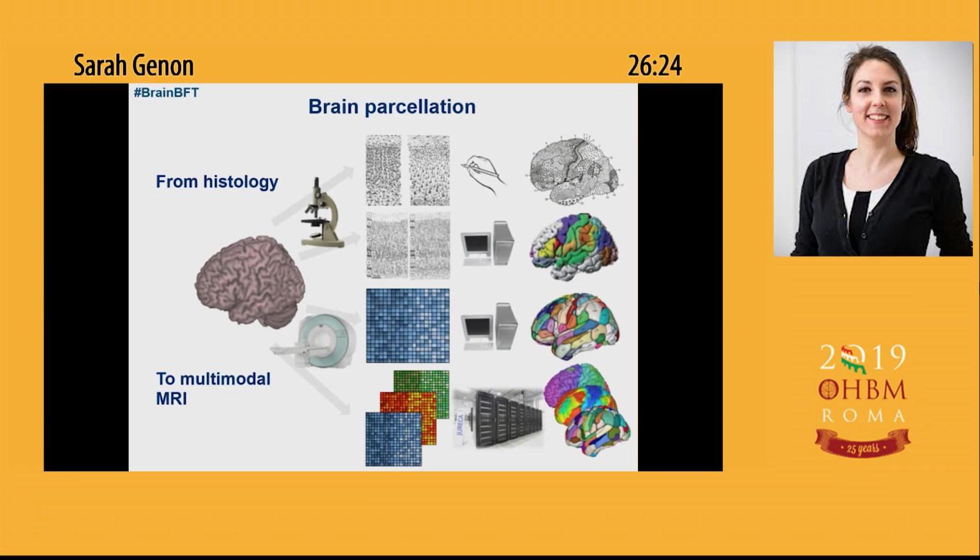So, for example, if you want to predict behavioral scores based on resting state functional connectivity data of your subject, you do not want to use the connectivity information between all voxels, because this is a huge amount of data and you do not need all of it. So you might want to compress, to summarize the information with a parcellation map and then just look at the connectivity between parcels rather than between voxels.